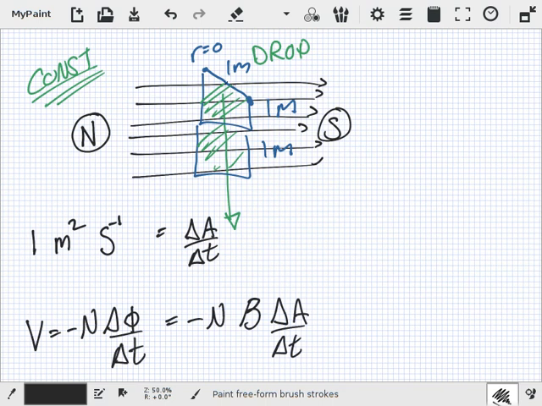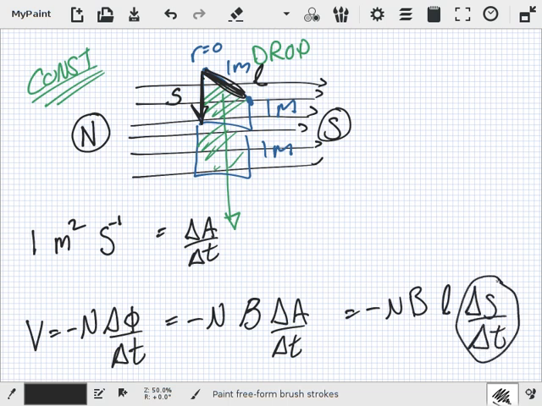Well, let's call this wire length L, and we'll call this distance here S. So that would be minus NB. Now, which is changing, the L or the S? Only the S. So I'll take the L out, and I'll write here delta S over delta T.